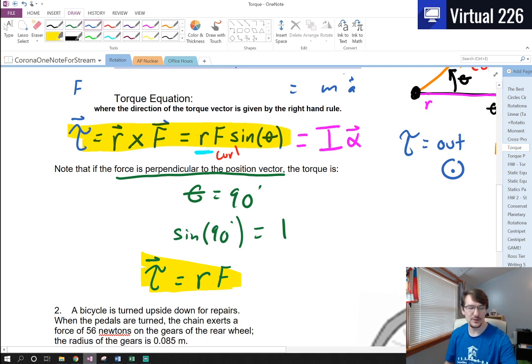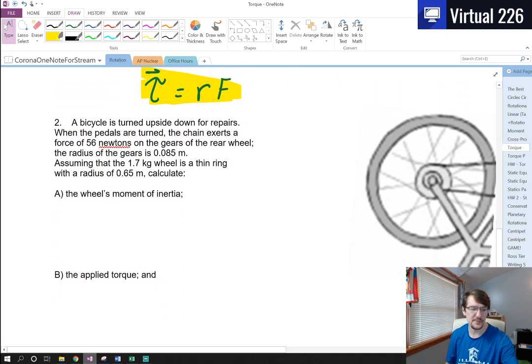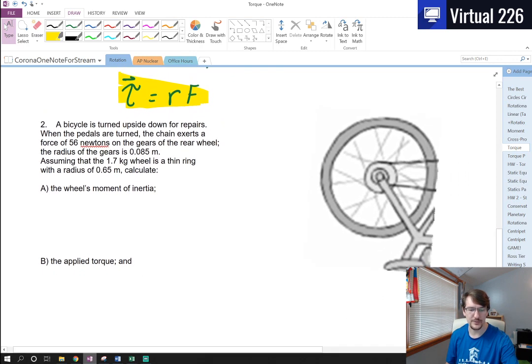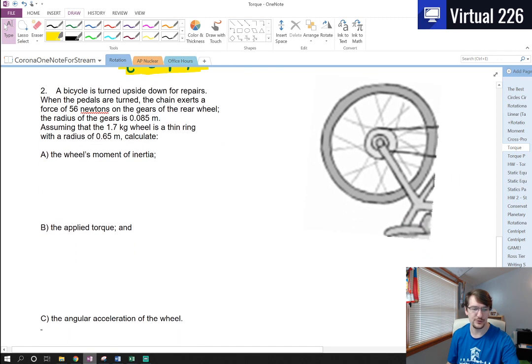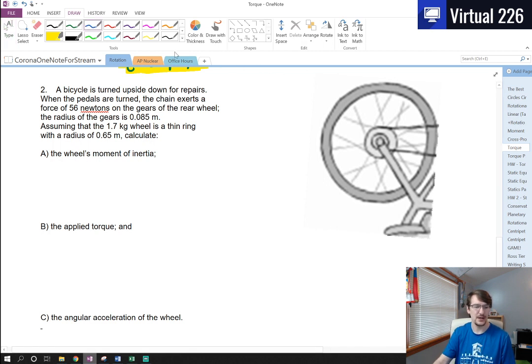So if we take a look at a little example here, we have this bicycle wheel, and if you've ever been to a bike shop, you'll see bikes turned upside down all the time because they're repairing them. And what we know here is that when the pedal is turned, the chain, right here we have some sort of circular disc on the back end.